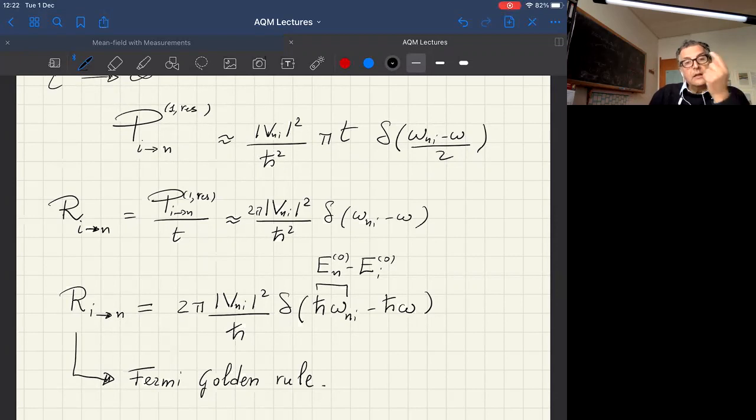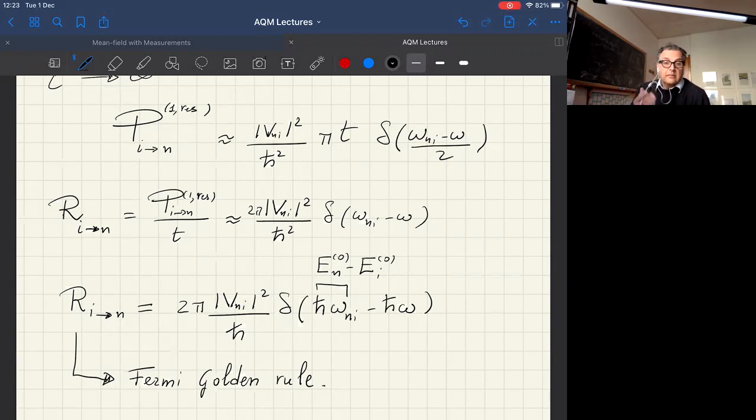And the strength of the transition is given by the matrix element squared. Now, the delta function is a kind of energy conservation. Since you are applying a perturbation for a sufficiently large time interval, then in a sense, by the uncertainty principle, the energy is very well resolved.